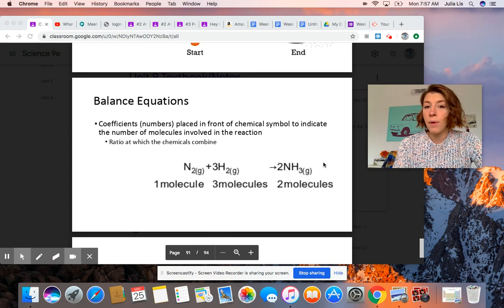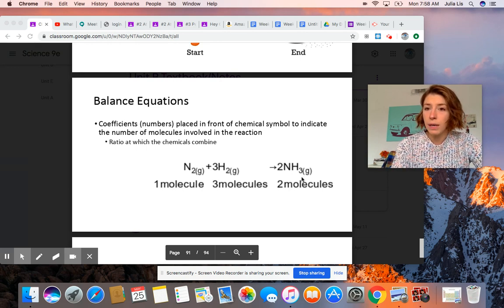So this is what a balanced chemical formula would look like. What this means is what you start with on your reactant side. If you see nitrogen here, and you have this subscript 2, that little 2 means you have 2 atoms of nitrogen. On the other side, in the compound, your products, initially you would have seen NH and then 3 with that subscript.